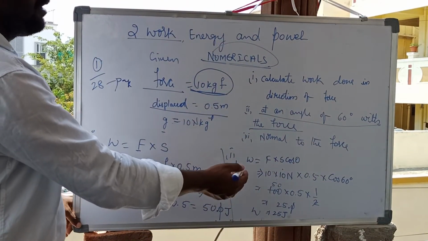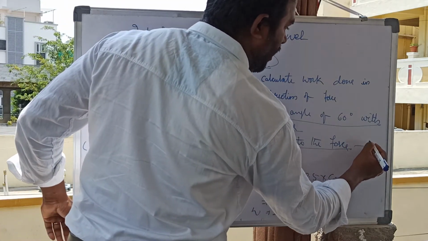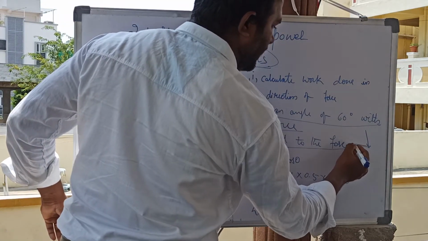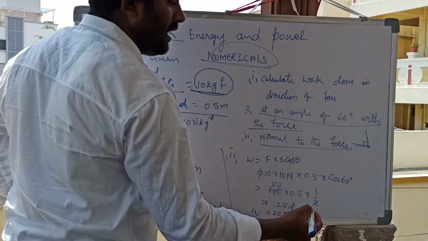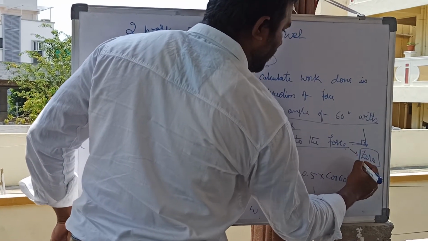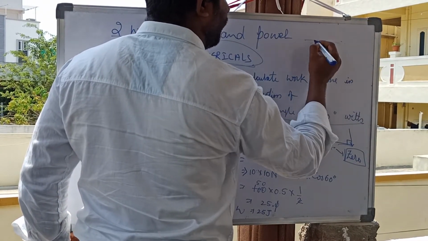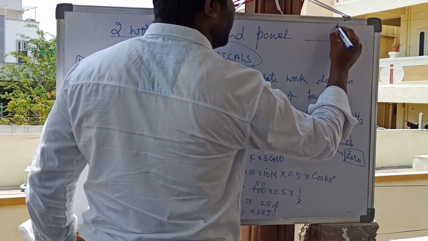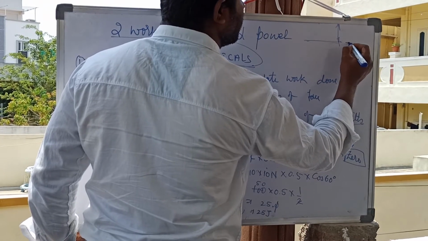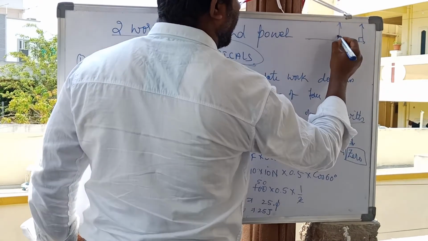Okay, this is the second one. What is the work done when the displacement is normal to the force? We already said that whenever 90 degrees is there, the work is always 0. The force is in one direction, the displacement is in the other direction, and both have 90 degrees between them.